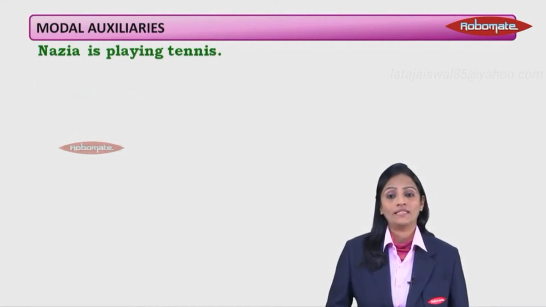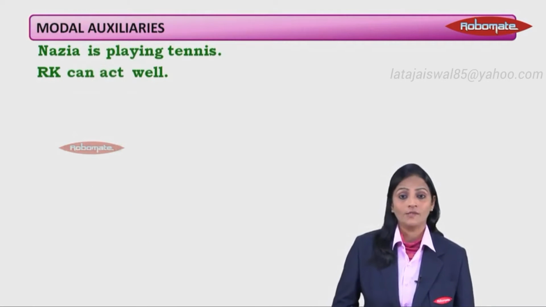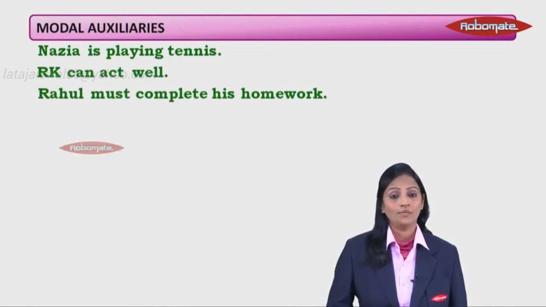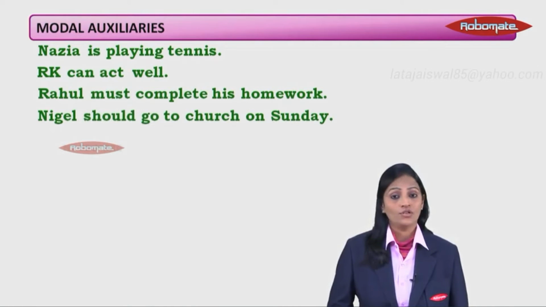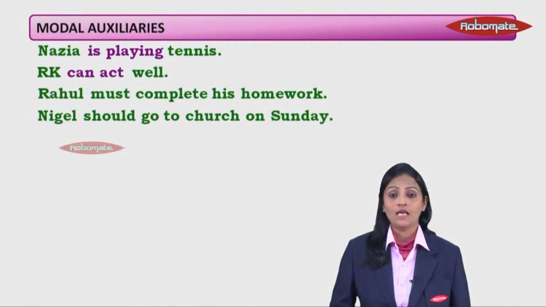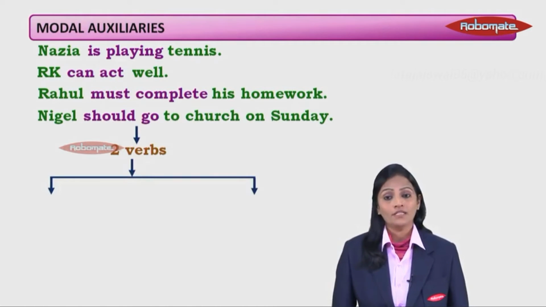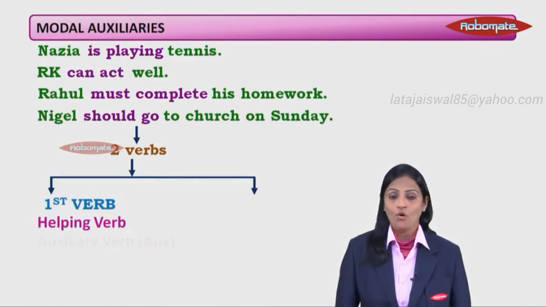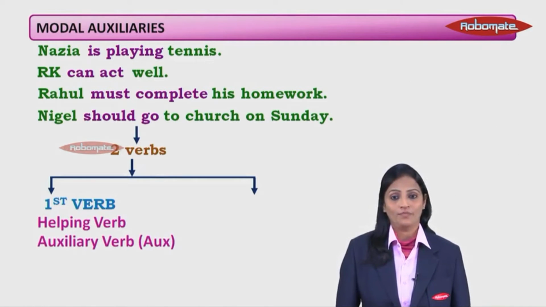But if you look at these sentences, Nazia is playing tennis, RK can act well, Rahul must complete his homework, Nigel should go to church on Sunday. Here the verbs are is playing, can act, must complete, should go. Everywhere we have two verbs, and the first verb is always the helping verb or the auxiliary verb.